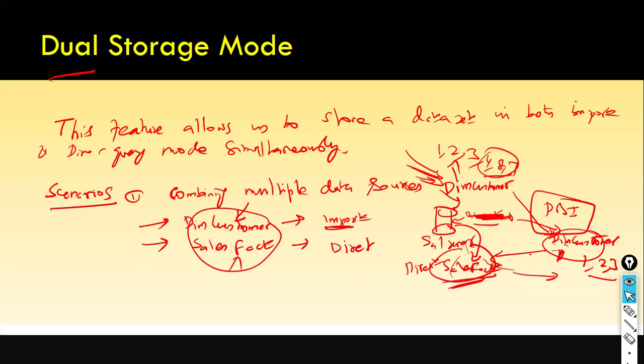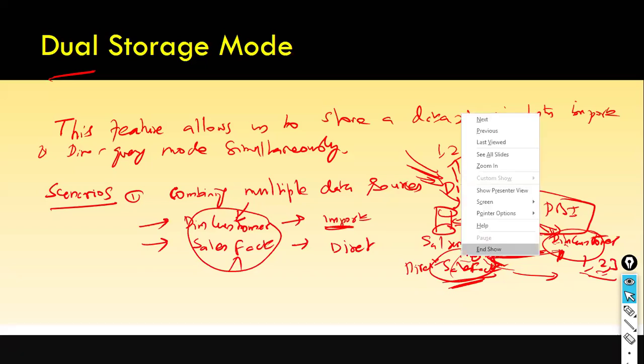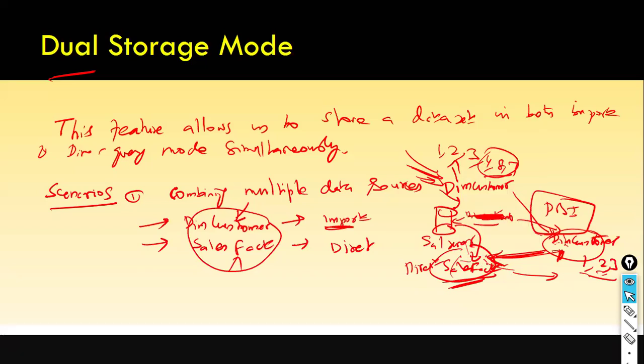If you join these two tables, and this table is in import mode and this is in direct query mode, what will happen? After April 10th, whatever new customers got included will not be available here. Obviously, it will check those customers 1, 2, 3, right? Only the transactions for customer IDs 1, 2, 3 will be selected and joined here, if you are using inner join. So that is one challenge.